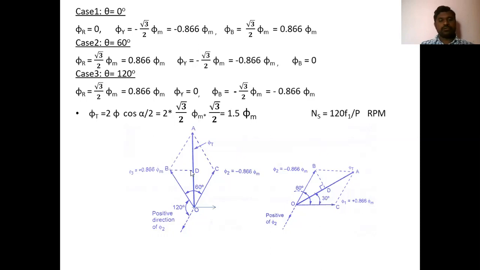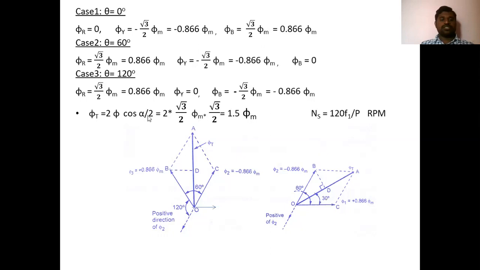So the phasor sum of Y and B will give you the resultant flux. This is your resultant flux OA. We can calculate the resultant flux using this formula: 2 phi cos alpha by 2, where the maximum flux value is root 3 by 2 phi m, and alpha is 60 degrees.